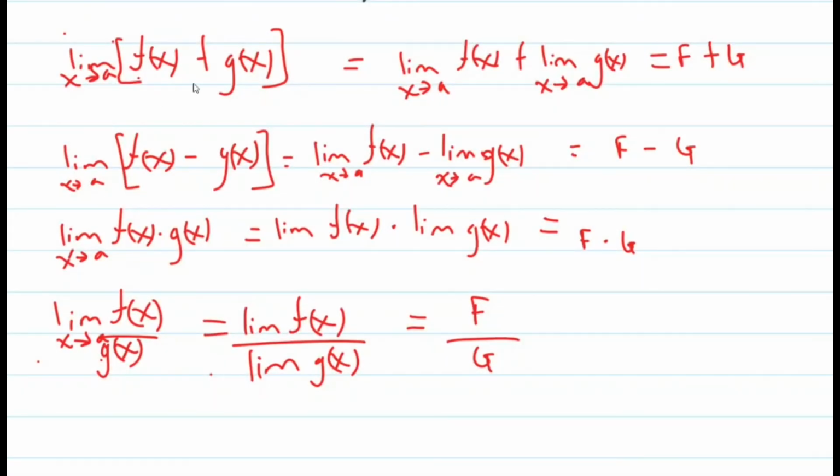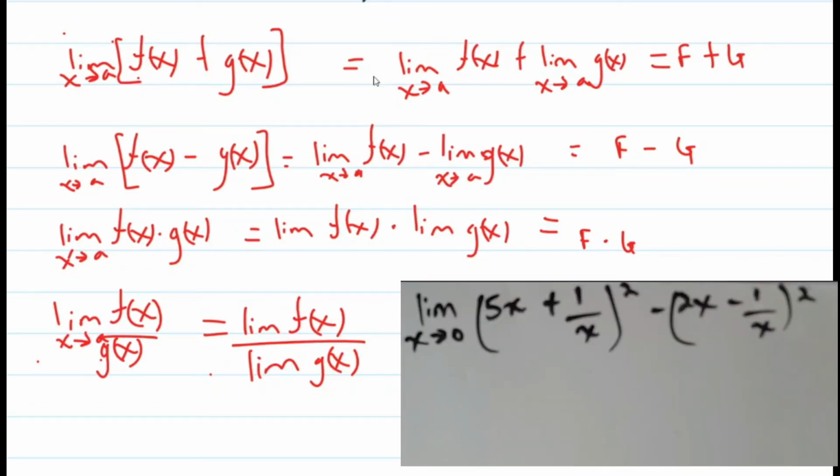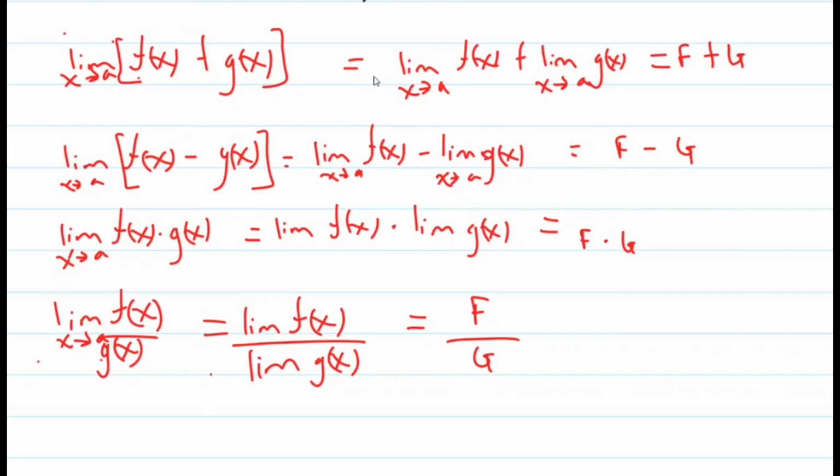I used this one earlier in the example 5x plus 1 over x all squared minus 2x minus 1 over x squared all squared. If you remember that example, I used the same principle there. So I just wanted to show you these.